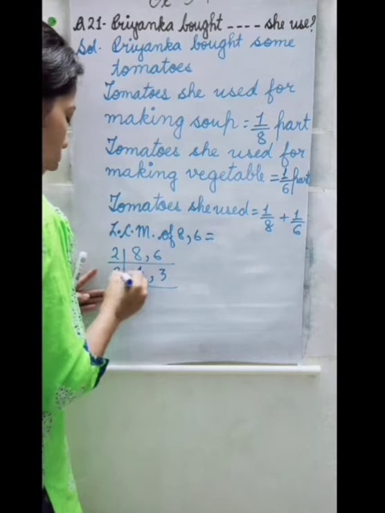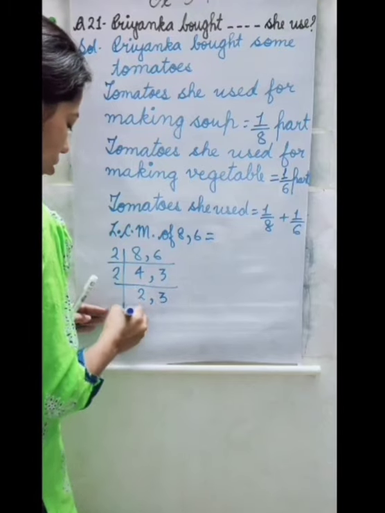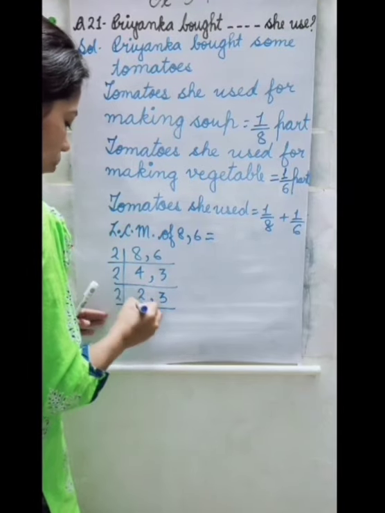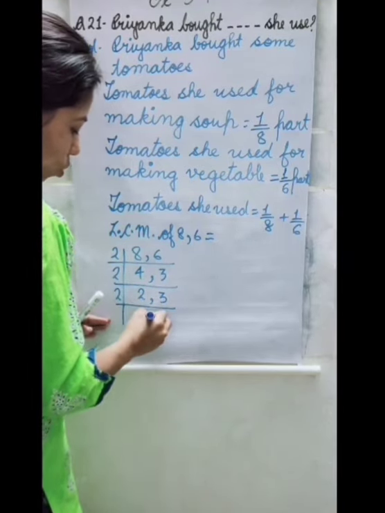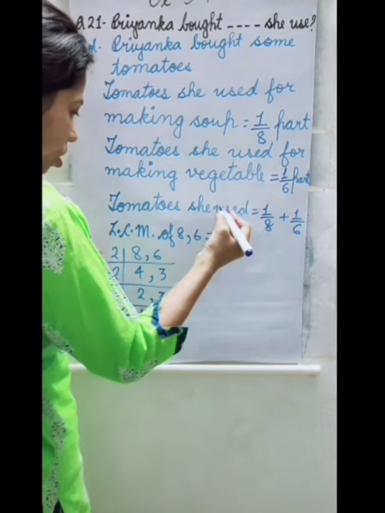Again we will divide by 2. 2 2s are 4, 3 will come down as it is. Once again by 2. 2 1s are 2 and 3 as it is. Now we will divide by 3. 3 1s are 3.